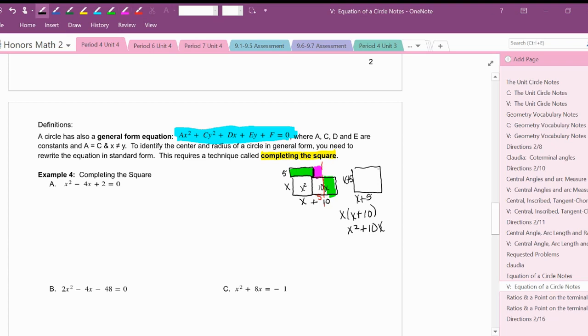So to complete the square, that would have a dimension of 5 by 5. So we add that 5 squared, and then we would have an x plus 5 squared, like we had in that first warm-up problem, a perfect square binomial. This is completing the square.